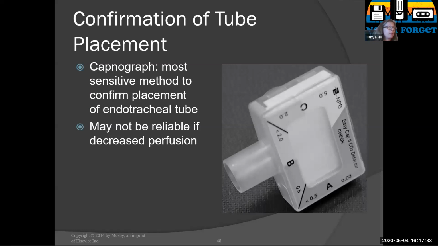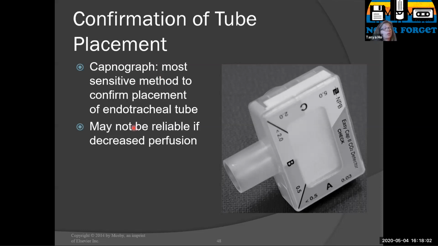Okay, so the capnograph or the capnometer, this thing is really great. They call it the easy cap. So if you see, oh, grab the easy cap, here it is right here. It's a very simple thing. It's just based on color change. So it helps to confirm endotracheal tube placement. If it doesn't change color, then you're more than likely in the esophagus.